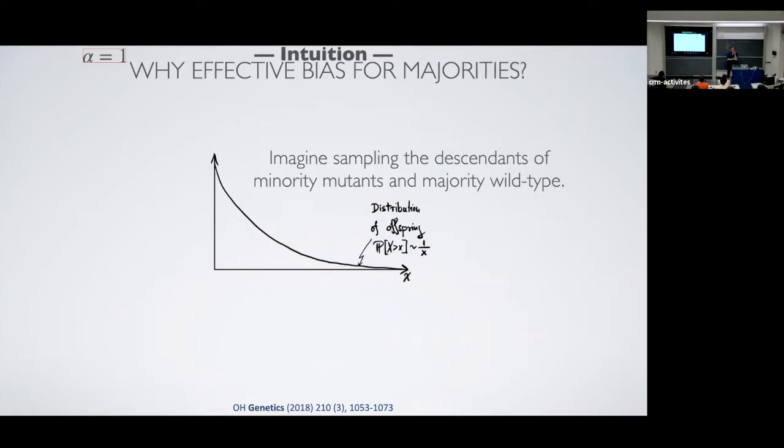We can rationalize it by thinking about how we go from one generation to the next. In such a generation, we have to sample from this offspring distribution for both the wild type and the mutants. And in the sample that we're drawing, for the wild type, it's a large number.